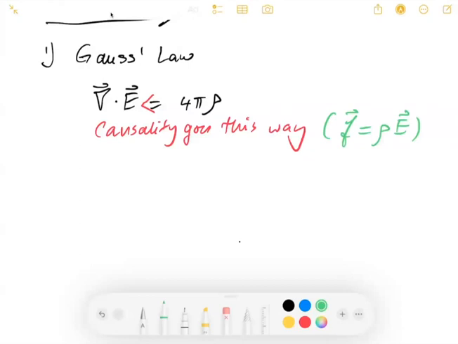Now, unfortunately, nature is kind of painful, and it turns out that a lot of these causal relations are actually differential equations. So in order to find the electric field for some rho, you need to solve that differential equation, and there's really no way around it. There are many ways to do it, but nature is being a pain here.